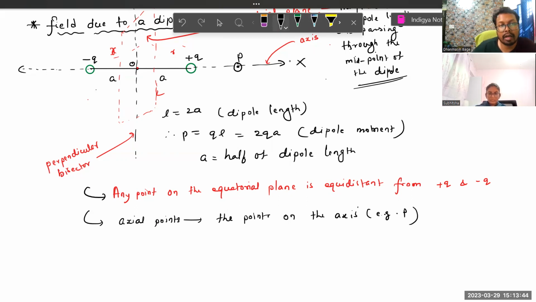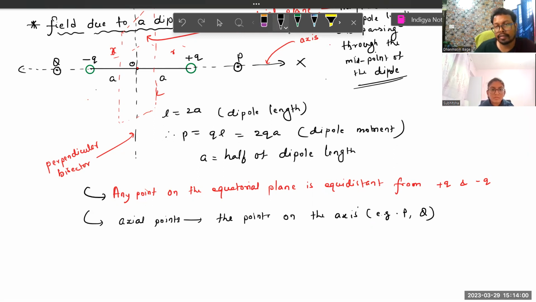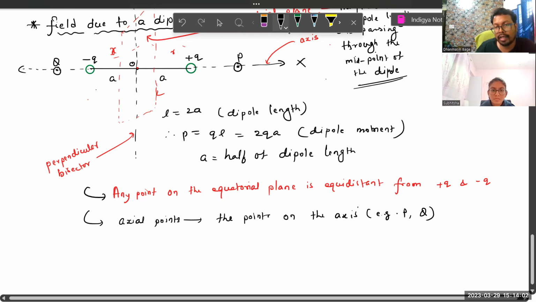I can also say Q. P and Q are the axial points. You can take any point anywhere on the X-axis, and that will be an axial point.